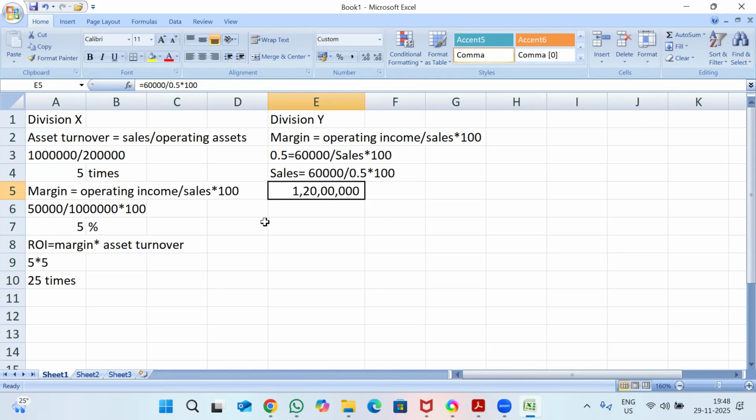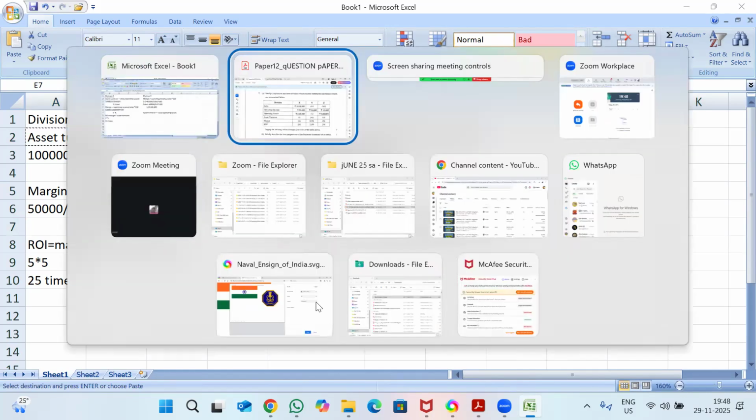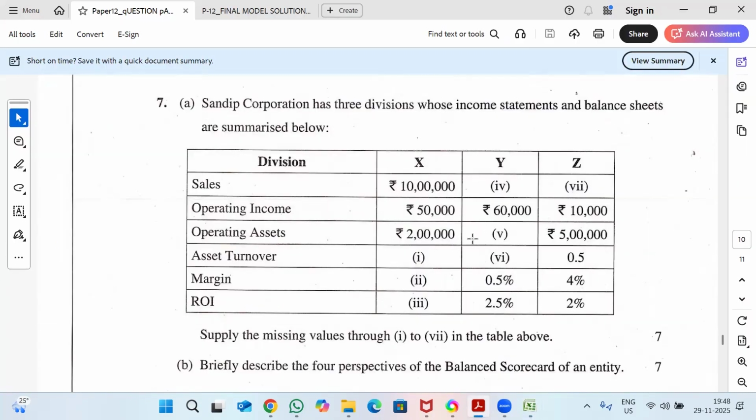Then I need to calculate operating assets, and I have now calculated sales. Operating assets will be calculated based on asset turnover.